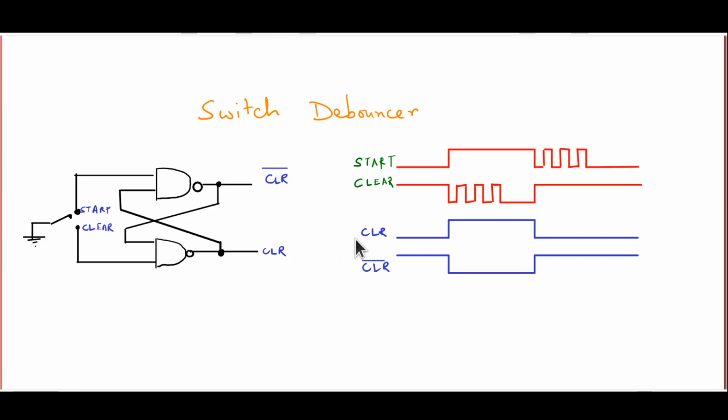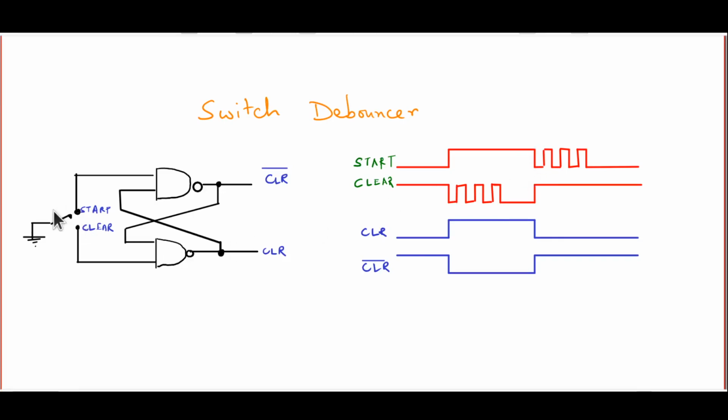So the CLR output does not return back to 0, it actually stays where it is. So right through this bouncing of the clear input, where the key is making and breaking contact, the input clear may oscillate several times, may go from grounded to floating several times, but the output CLR stays steady at high.